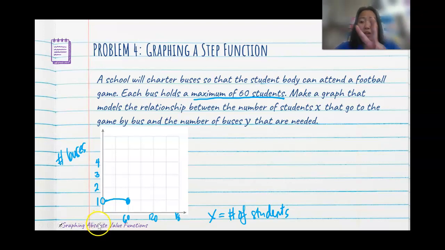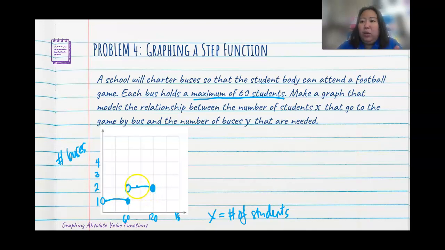You need 2, because the maximum capacity of 1 bus is just 60. So 60, just like what we did with 0, will be a hollow dot, and 61 up to 120 kids will need 2 buses.